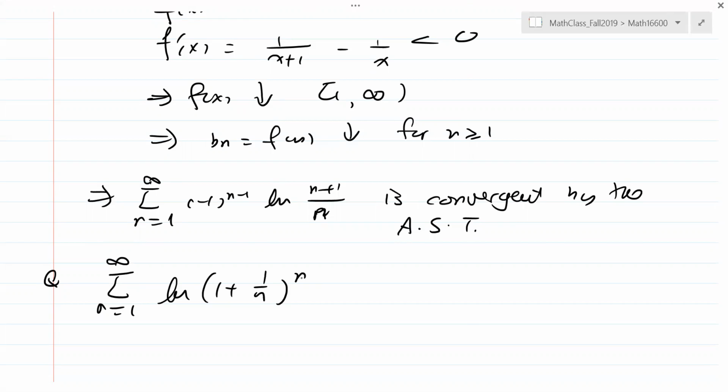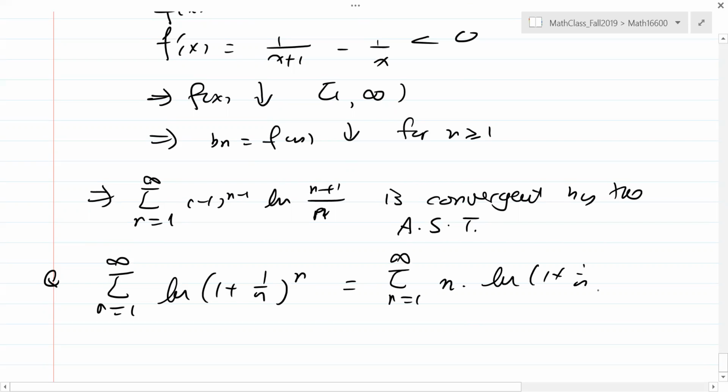Can you tell me if this is convergent or divergent? If you move the power down, actually this is n times natural log of 1 plus 1 over n. Right? It's not negative 1 to the power n.